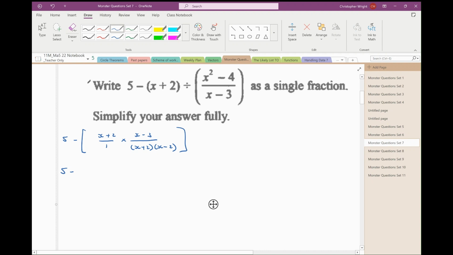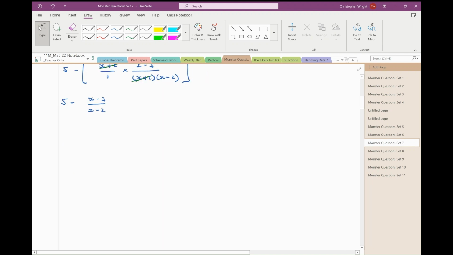Right, what's going to happen in these brackets here? Well, I can cancel, divide top and bottom by x plus 2. So that leaves me with x minus 3 over x minus 2. Okay, right, so I've got 5 over 1. I'm going to write them both over x minus 2.